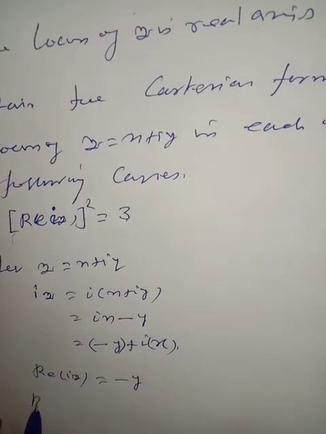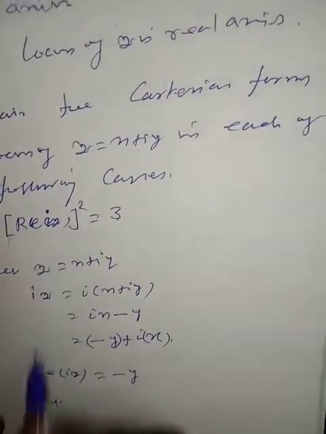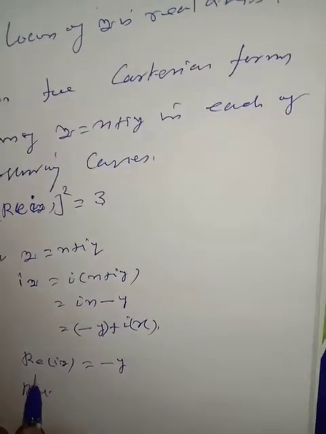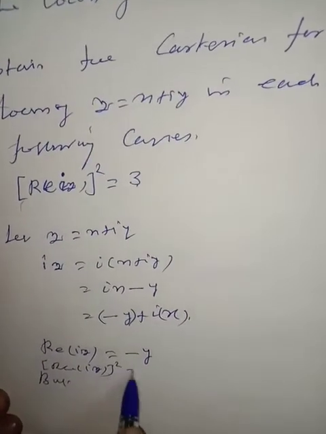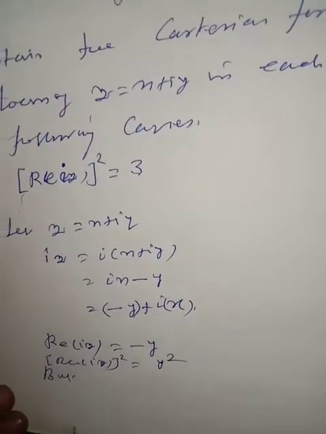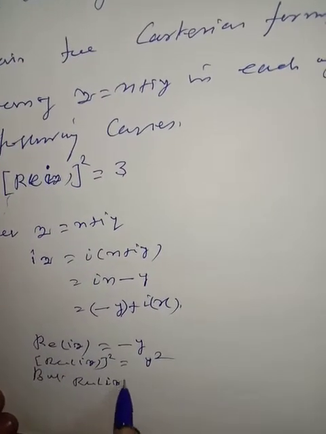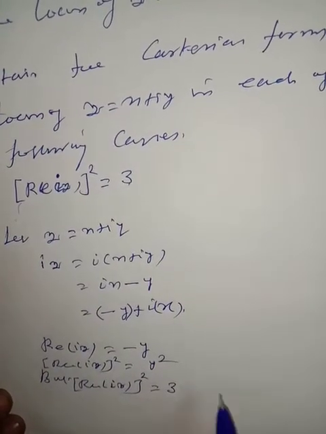But the real part of iz, whole squared, is 3. Therefore (Re(iz))² = y². But (Re(iz))² is given as 3.